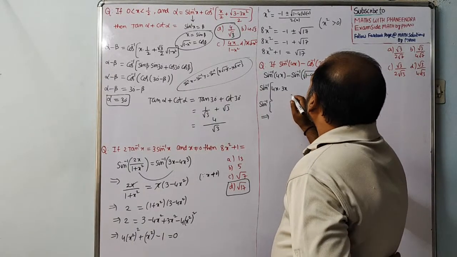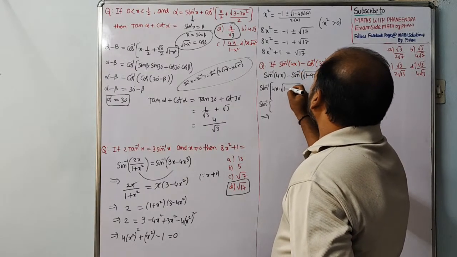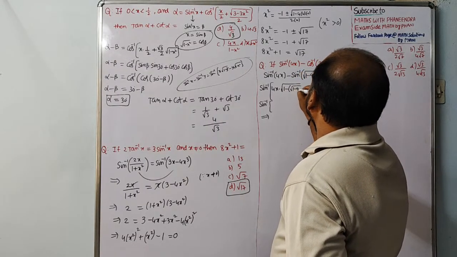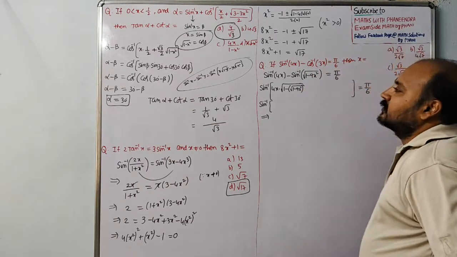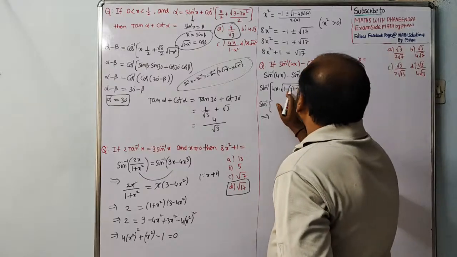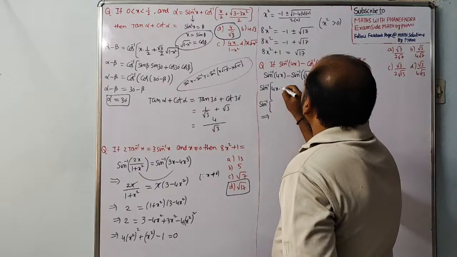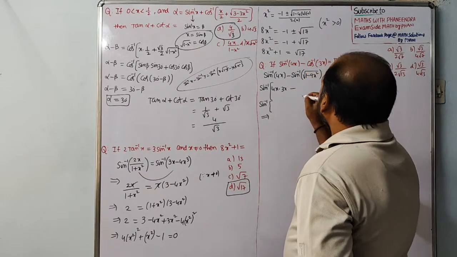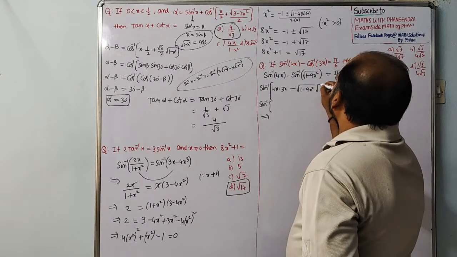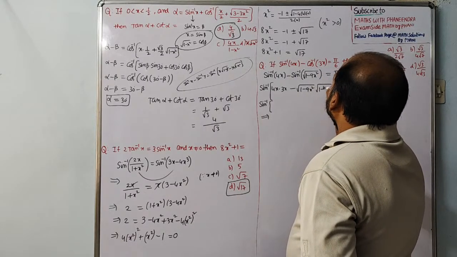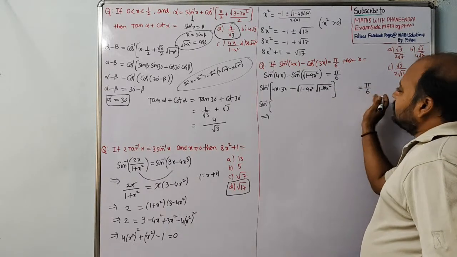Are you getting or not? So directly I got, you have to understand, minus y, root 1 minus 9x square into root 1 minus 16x square, 4x square is equal to pi by 6.